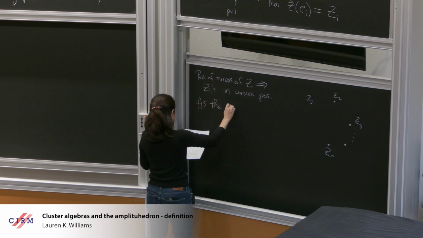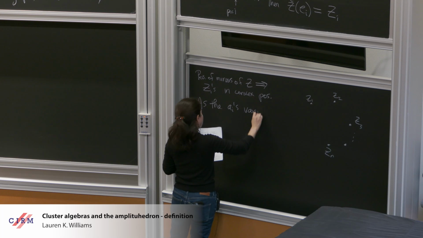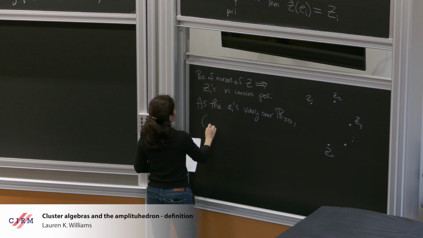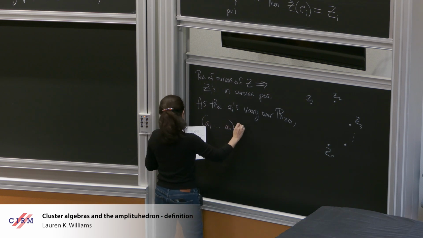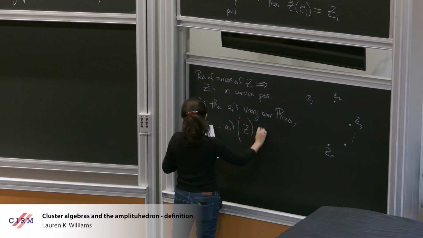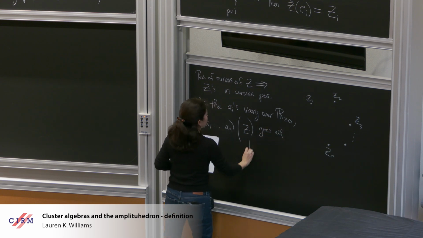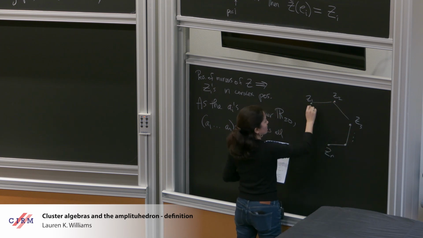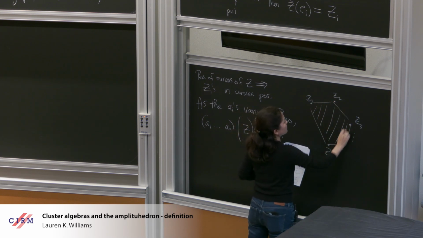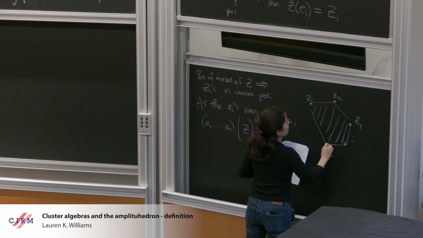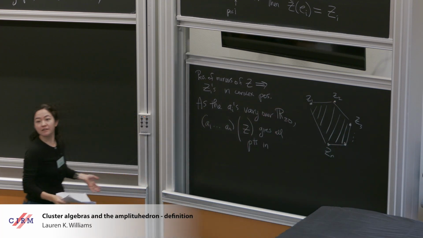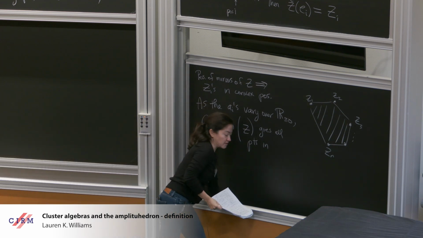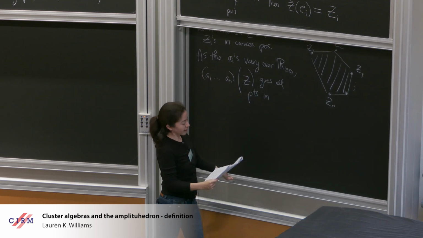So as the a_i's vary over non-negative reals, the image gives all points of this polygon viewed in projective space. Okay, so this is the example when k is 1 and m is 2.